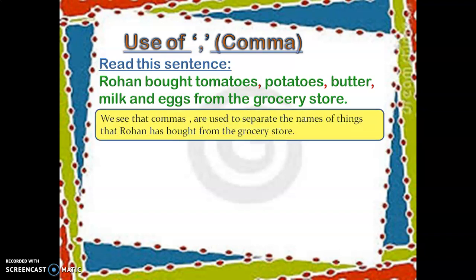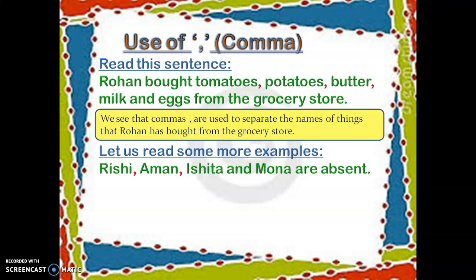We see that the commas are used to separate the names of things that Rohan has brought from the grocery store. If we need to separate more than two things or persons or names of anything, we'll put comma in between. Let us read some more examples.